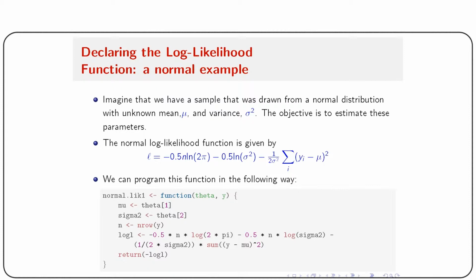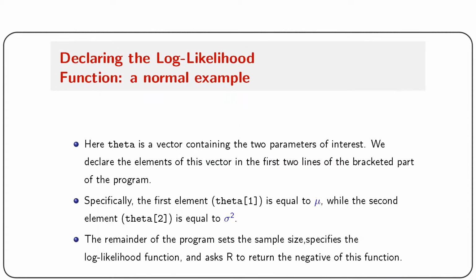We can program this as normal.lik1 equals function theta and y: mu equals theta 1, sigma 2 equals theta 2, then n equals nrow of y, and this is the log likelihood, and then return the negative log likelihood, just like the Poisson function. Here theta is the vector containing the two parameters of interest, and we declare the elements of this vector in the first two lines of the bracket part of the program.